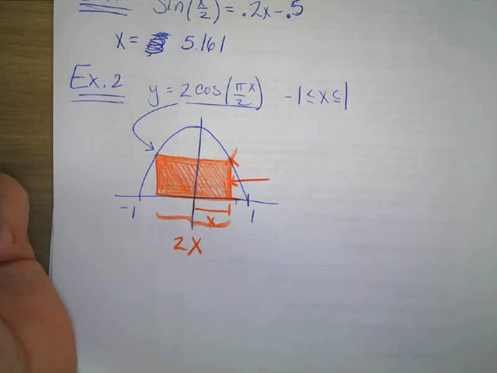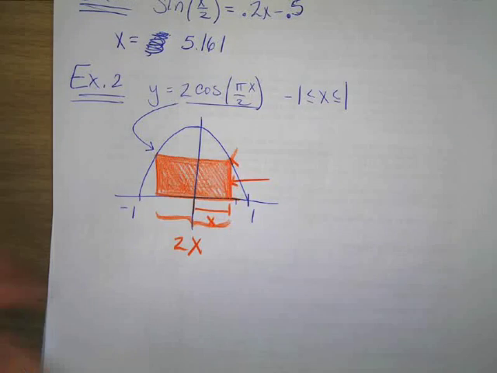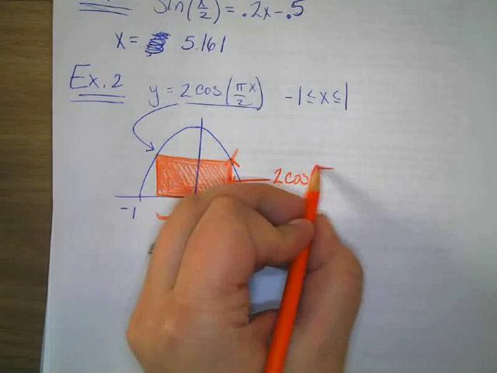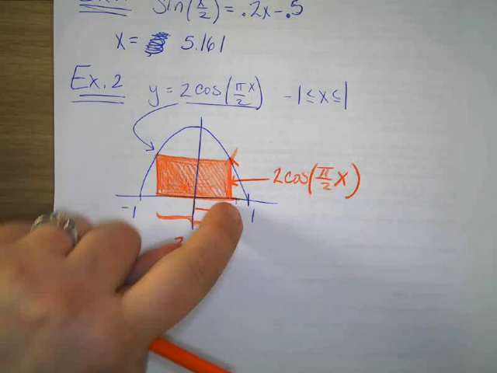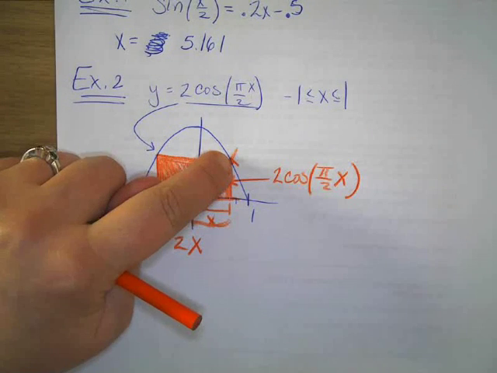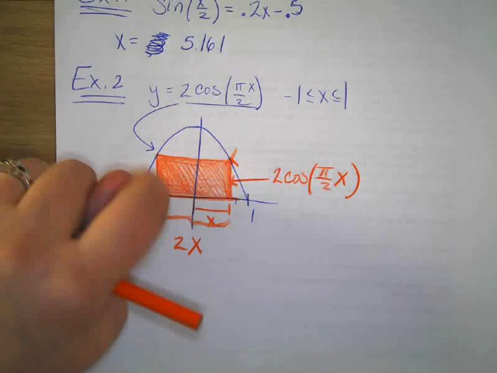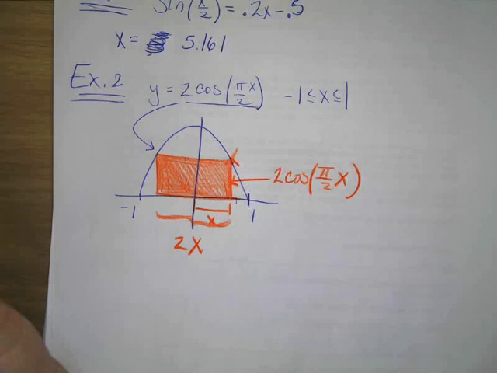What would we do? We'd put 0.8 in for x. Well, I'm not telling you what x is, but the height of the box is the equation of the curve. Because whatever x happens to be, the top corner is going to meet on the curve at that spot, which is going to make the height of the box. The height of the box is always on that curve, so that's why the height of the box is the equation of the curve. Is that okay?